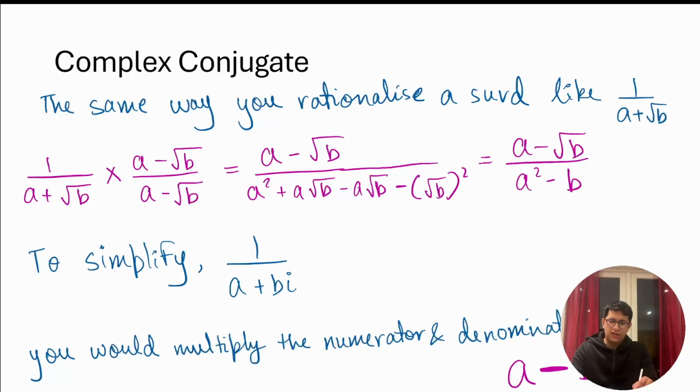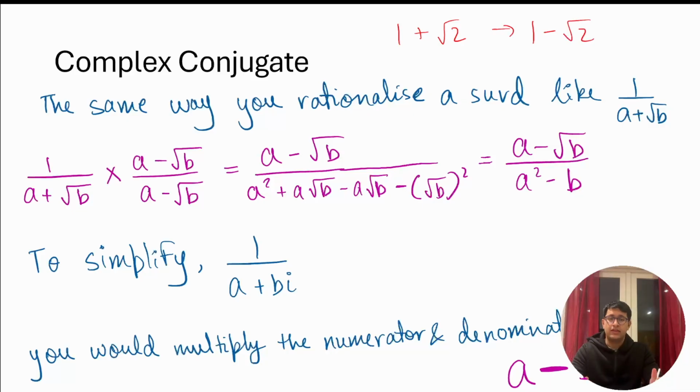Now, moving on to some slightly more challenging things. The same way, if you remember in surds, you have the conjugate of a surd. So for example, if I have a surd which is 1 plus root 2, the conjugate of this surd, it's a very fancy word, I know, is just 1 minus root 2.